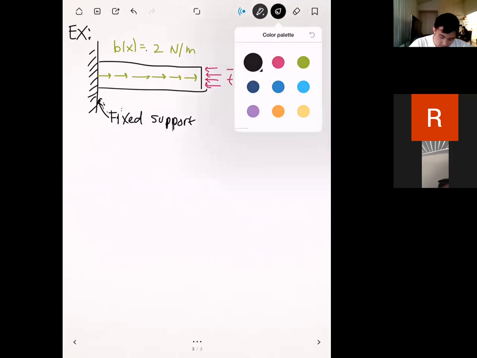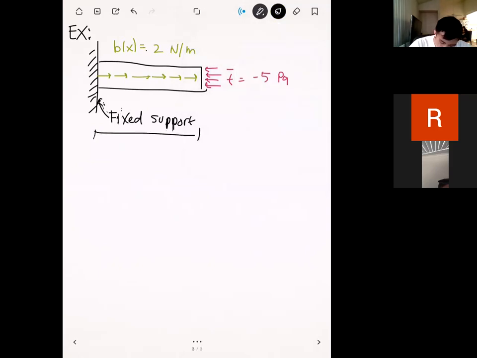So let's define the length. The length here is going to be 2 meters. And then what else do we have? We have a Young's modulus, and our Young's modulus is going to be 5,000 pascals. Our area is actually going to be changing.